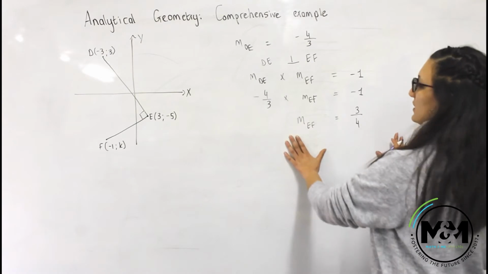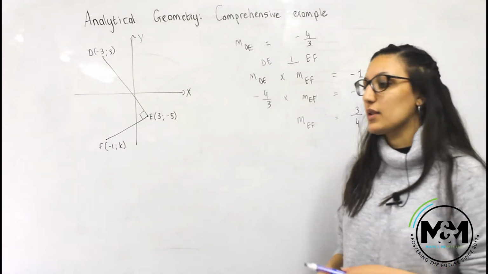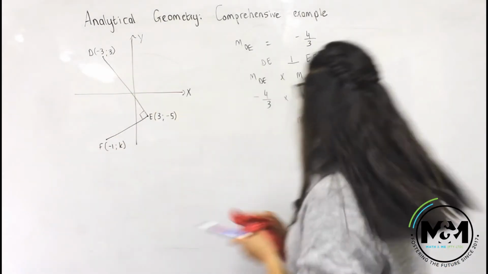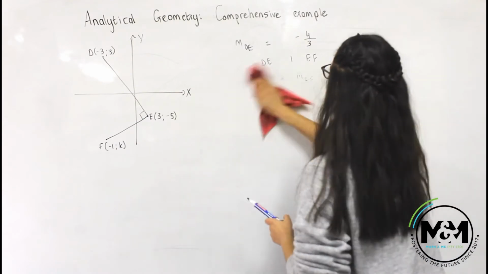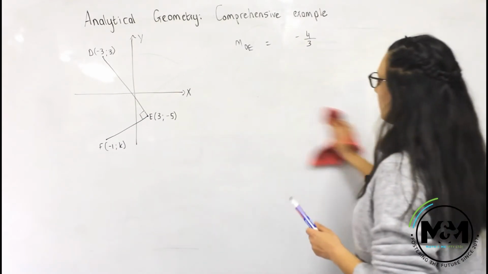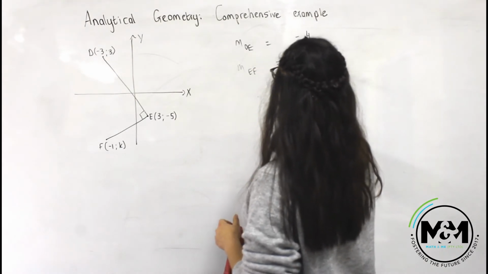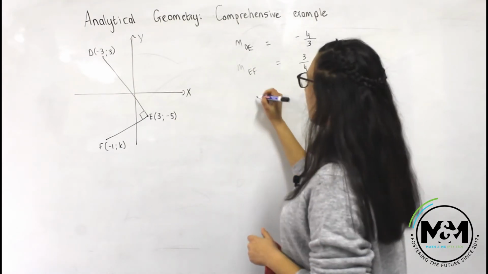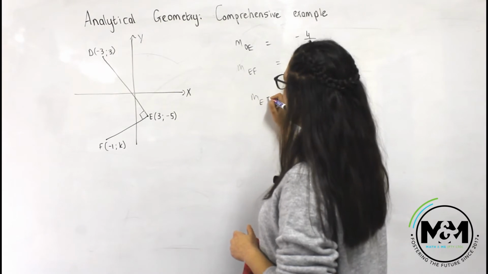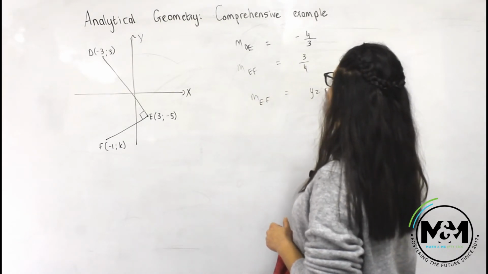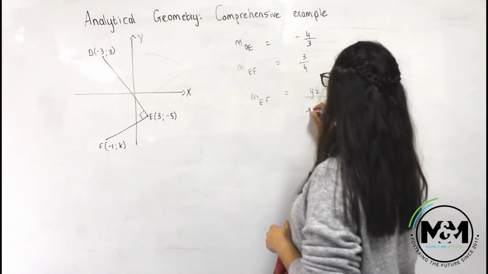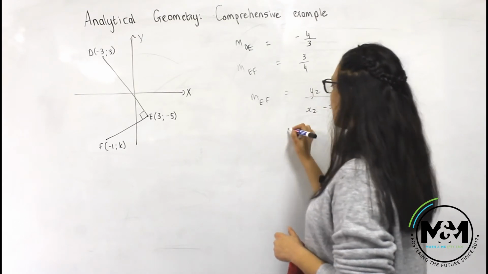Okay, so now we know the gradient of line EF, so we can use this in order to calculate the coordinates of K. My gradient of EF is equal to 3 over 4. Now my gradient formula again, y2 minus y1 over x2 minus x1.